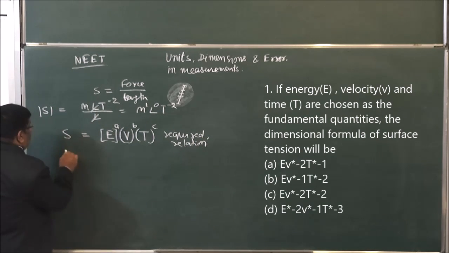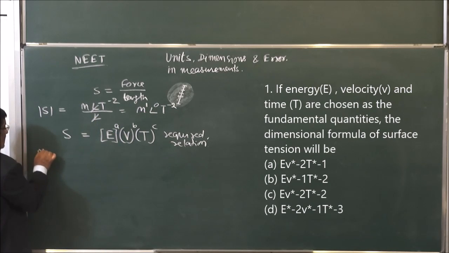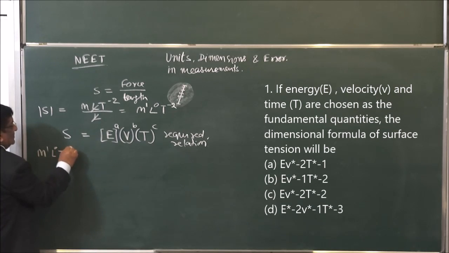Okay, now surface tension has dimension M1, L0, T minus 2.